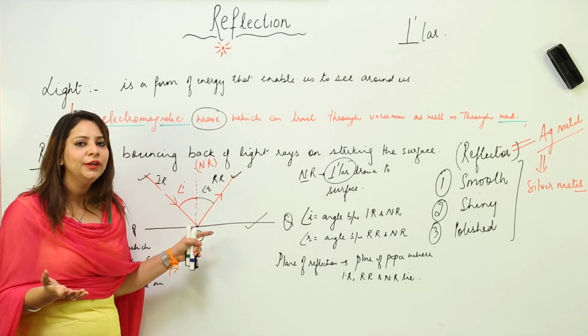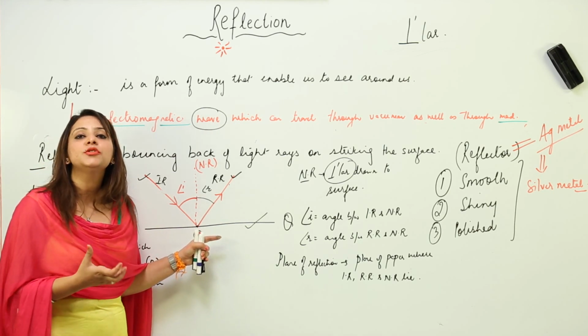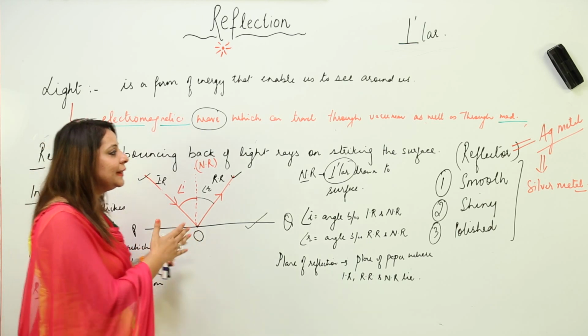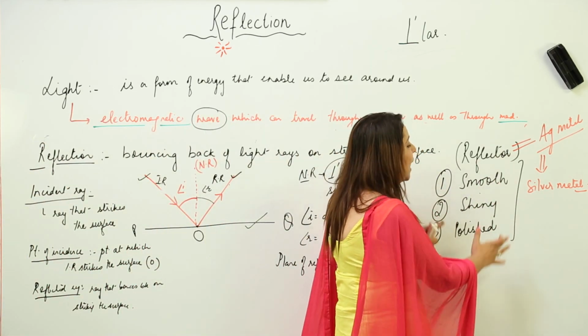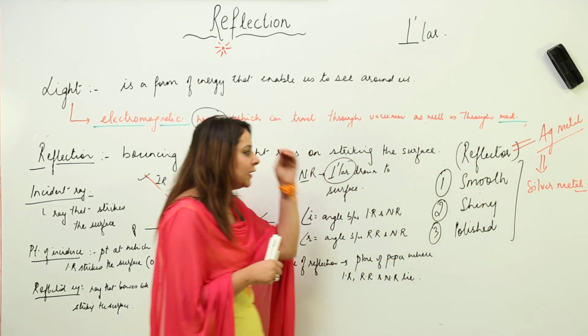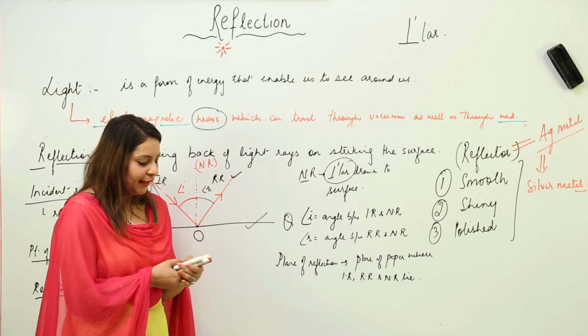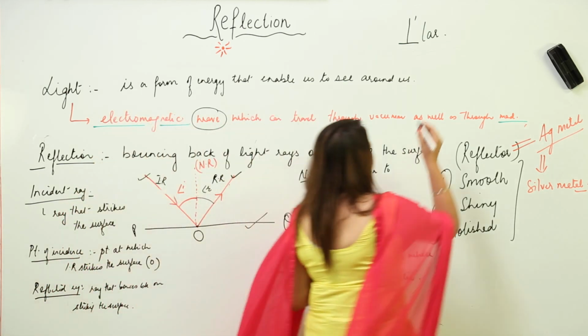And this is what we are doing in this chapter. We want to see the phenomenon of reflection, that means the bouncing back of light rays. So all this is fulfilled by a substance which possesses these three characteristics. And what is that substance? That is the silver metal. So these are the characteristics of the best reflector. Now we are going to start with the laws of reflection.